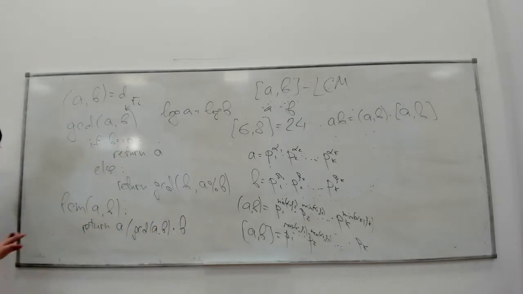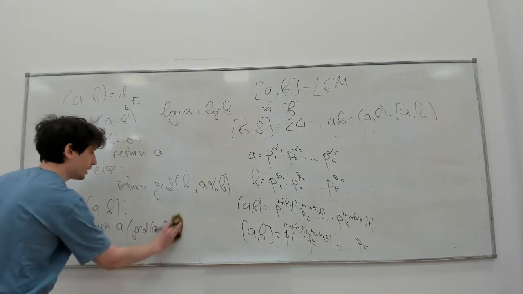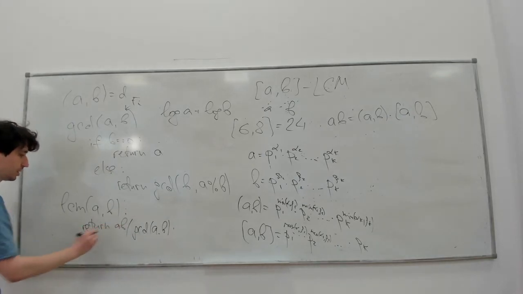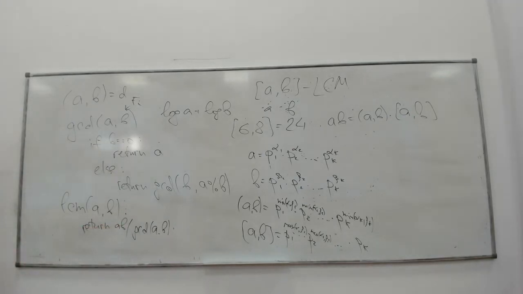So why did I do this in this manner? Typically the simplest way to write this is A times B divided by GCD. Unfortunately, this can sometimes cause integer overflow. You know that the answer lies in the integer range, but A times B can be very, very large and come to integer overflow.